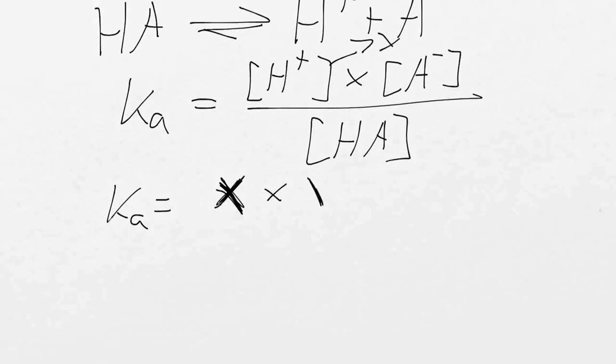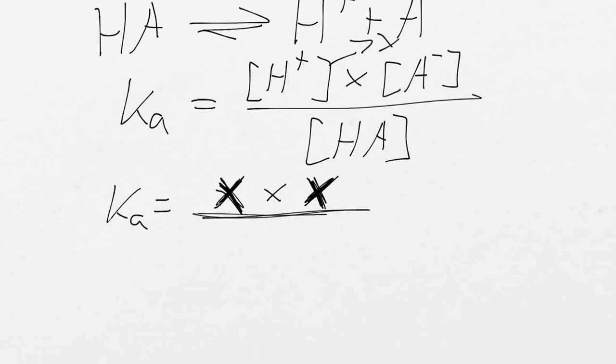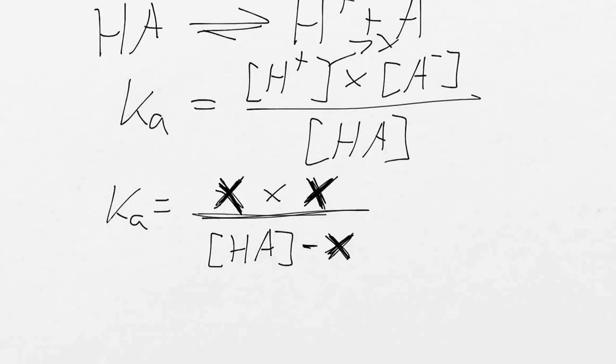So X times X. How much of the HA have we got left? HA minus X. You are absolutely right. Bingo, spot on. HA minus X. This is what's left. Some of the acid has dissociated, and that gives us X protons and X A minus. So that goes away from the HA, from the original concentration.